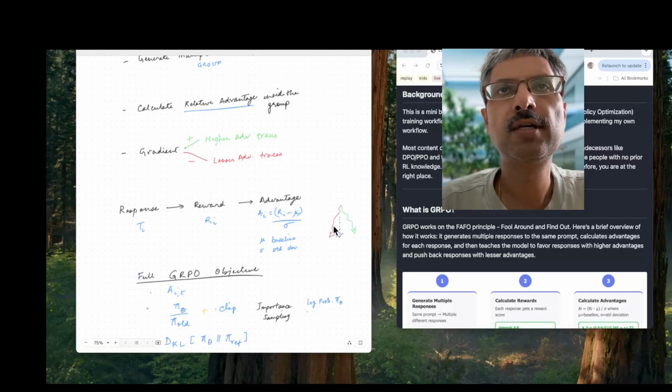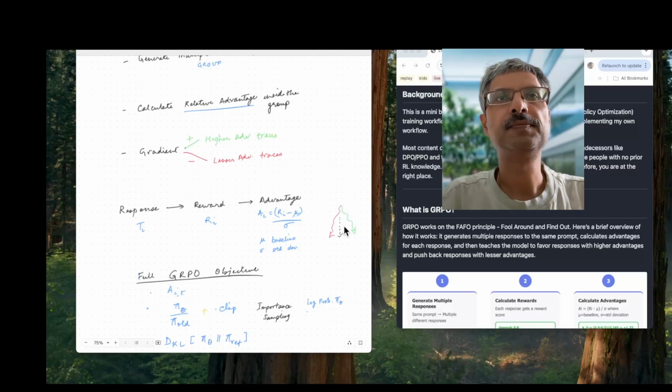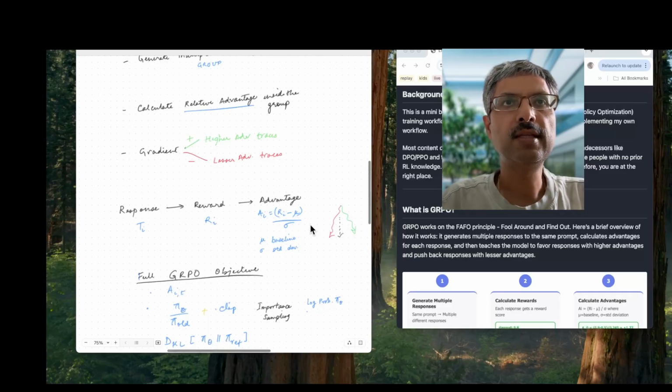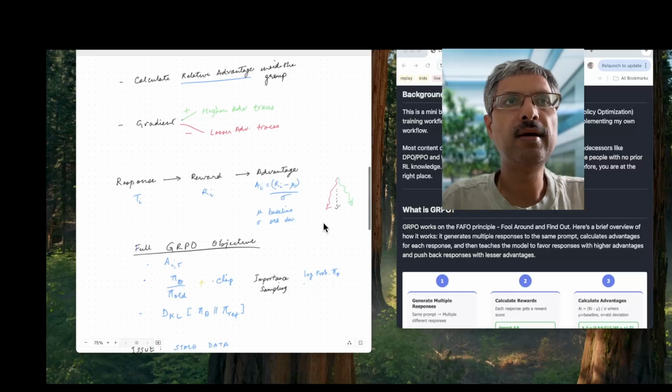Whereas if your rewards are highly dissimilar, then you get a large advantage for both good and bad traces. Okay, so this advantage is a key idea that makes GRPO. Essentially, it allows you to learn from good and bad traces more efficiently.